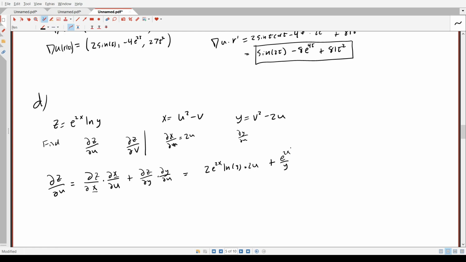That's going to be minus 2. Okay, so I simplify and I have 2e to the 2x times 2u ln of y minus 1 over y.